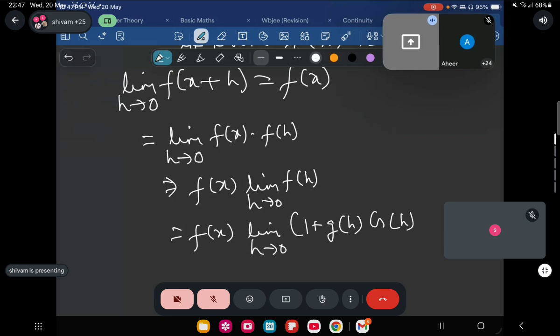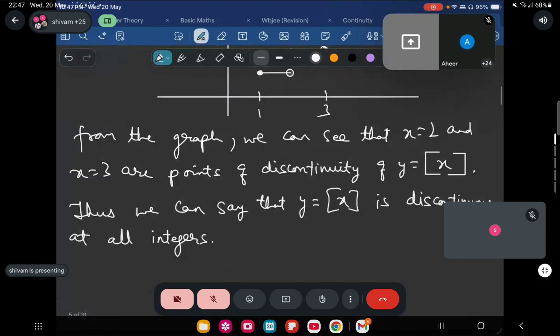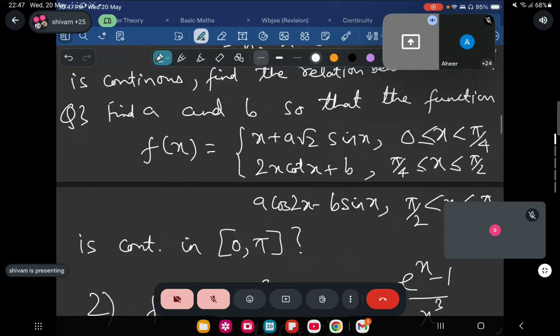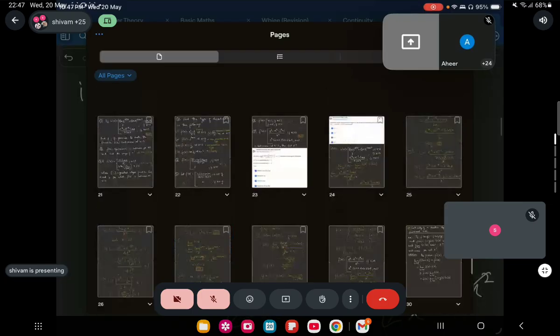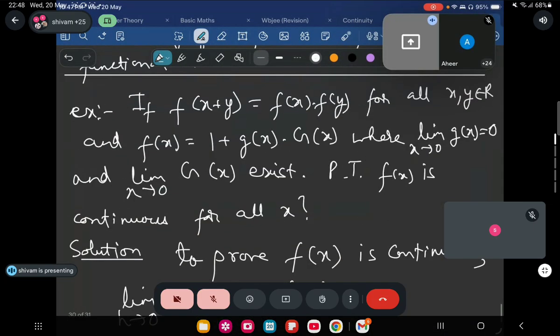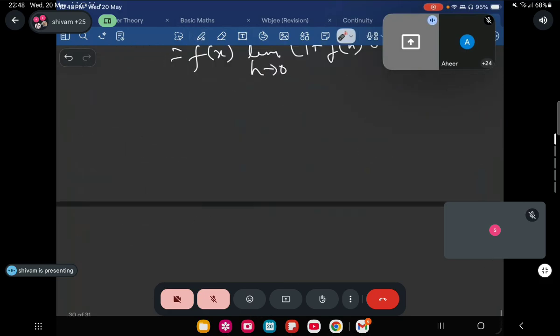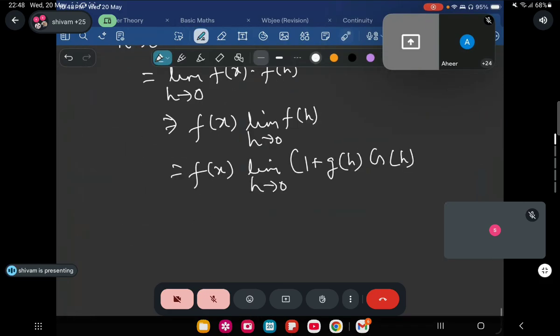After this, you see what is given in the question. In the question, it is given limit x tends to 0, g of x is equal to 0. Right, everyone? So over here, what do we get?